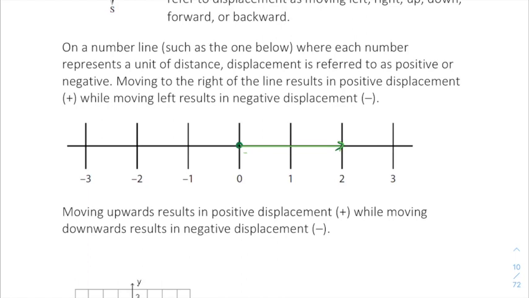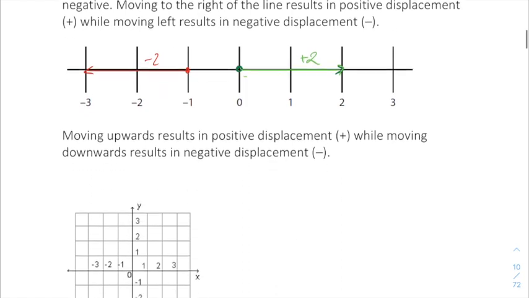So that's positive 2, right? Or positive 2, doesn't even have to have units yet. We'll get to units later. Or you could have a displacement in the negative direction, right? We could go negative like this, and if that's the case, then we would have negative 2 as our displacement. We move 2 units to the left.